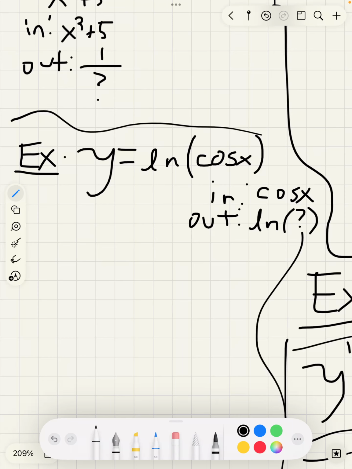So when I take the derivative of the outside, we know the derivative of natural log is 1 over x, or 1 over stuff in this case. And our stuff, remember, is cosine of x. That's the inside function. And then we have to multiply by the derivative of the inside. So if you remember from a couple videos ago, derivative of cosine is negative sine x.